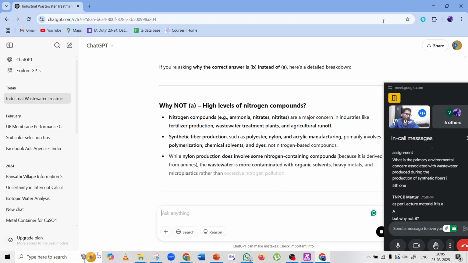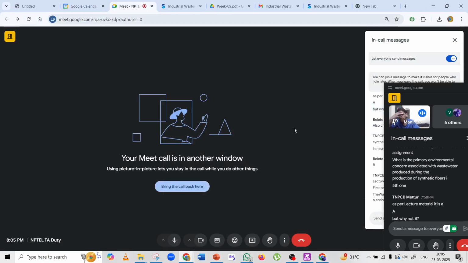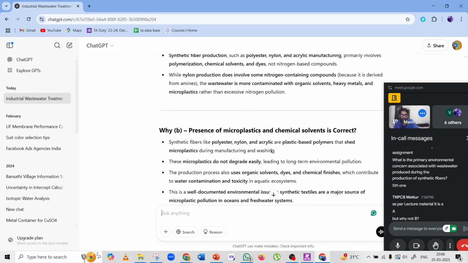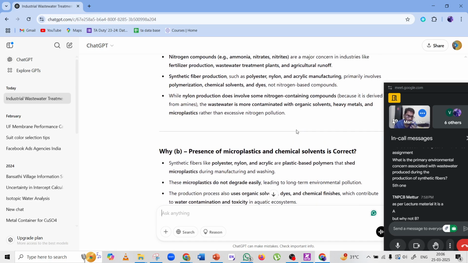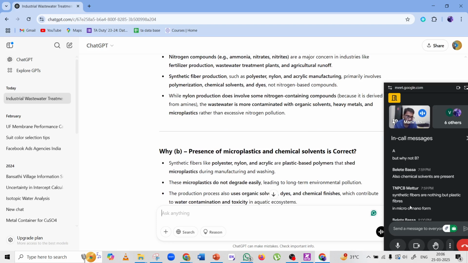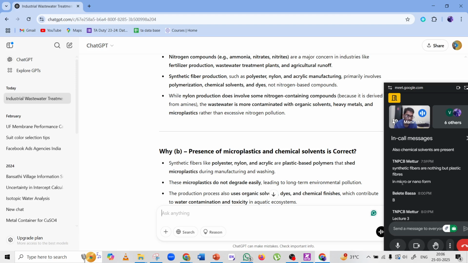See, why I won't be marking A is because this nitrogen is not a problem from synthetic. It is a major concern due to the fertilizer industry and all this. If I have to choose between A and B, your statement itself stands that synthetic fibers are nothing but plastic fibers in micro or nano form.